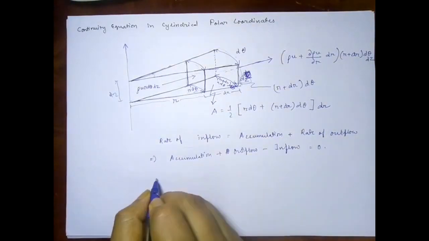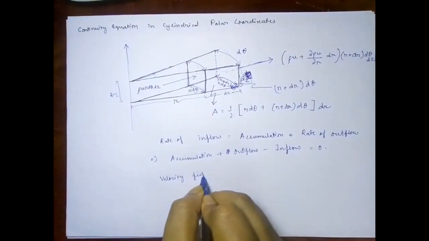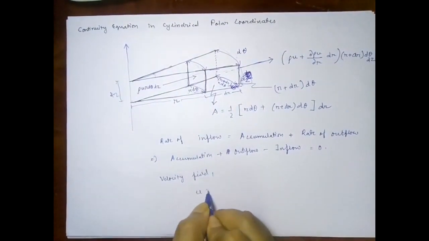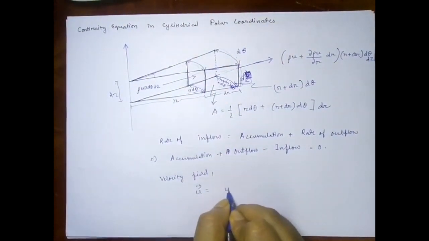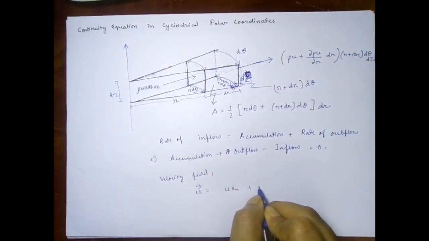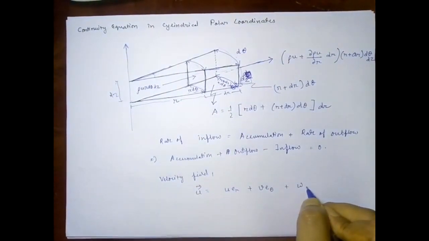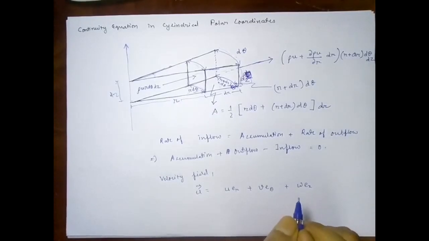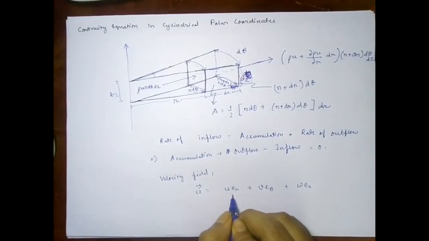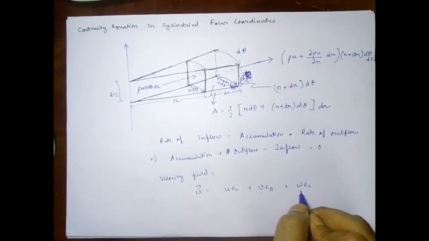Now let's describe the velocity field in polar coordinates. The velocity field u bar will be equal to u times er plus v times e theta plus w times ez. Just try to remember that u was the velocity component in the x direction, v in the y direction, and w in the z direction for Cartesian coordinates.